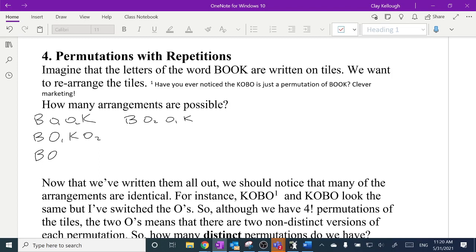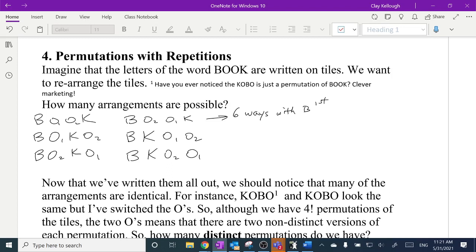I could have B first, then the second O, and then the K, and then the first O. And then, of course, I could have the B first, and then the K, and then the first O, and then the second O. Or I could have B first, and then the K, and then the second O, and then the first O. There. That's all the possible ways. So there's 6 ways with B first.